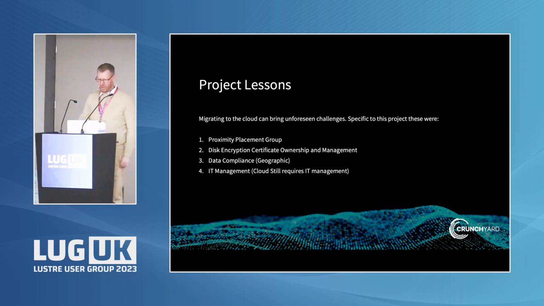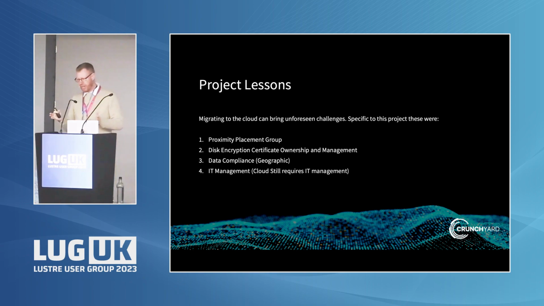Some of the lessons we learned. In the cloud environment, there are so many different variables. One of them is something called a proximity placement group, which groups all of your virtual machines together so that you reduce the latency. Disk encryption almost stopped the project.